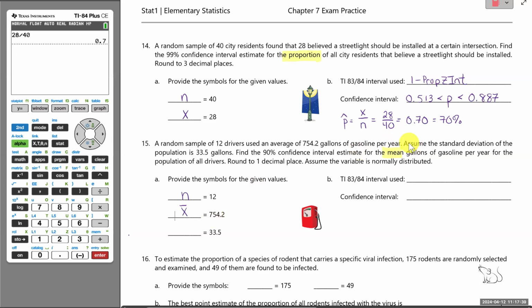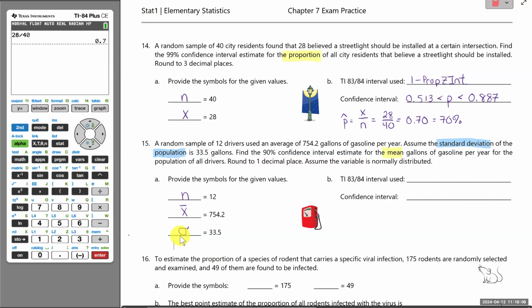And then it says, assume that the standard deviation, so when we see standard deviation, we need to ask ourselves, is that for a sample or is that for the population? So it says assume that that standard deviation is for the population. So we have our population standard deviation, and that symbol is our lowercase sigma.